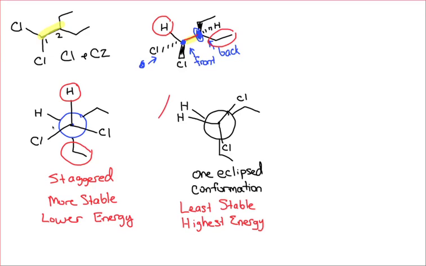Okay, we could even draw another conformation. Let's draw one that will leave the back groups in the same position. Okay, but let's rotate this around so the chlorine and hydrogen are eclipsing.